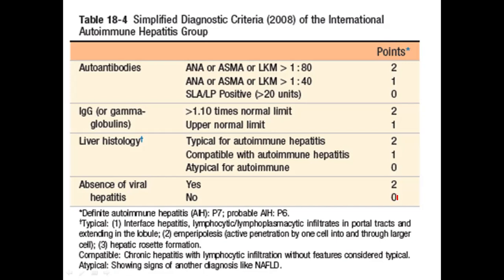So it may probably be autoimmune hepatitis if the clinician strongly thinks so, but if viral markers are present, then it should be labeled as non-autoimmune hepatitis, infectious hepatitis, or viral hepatitis.